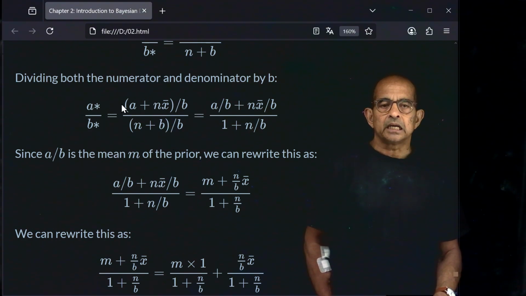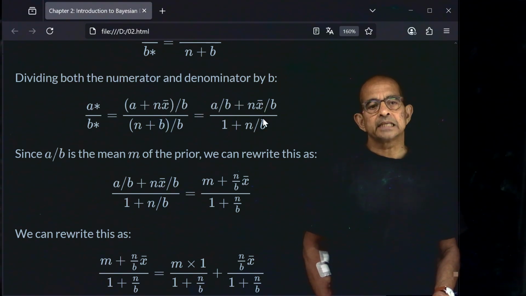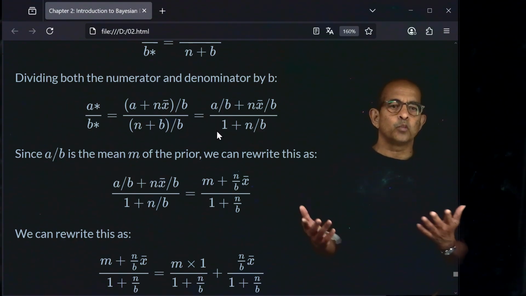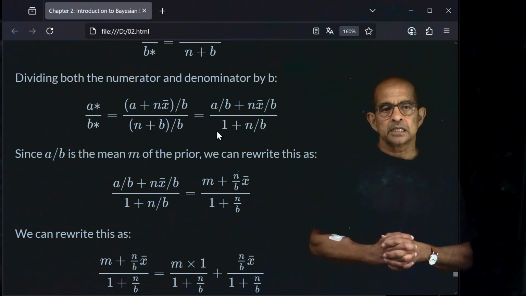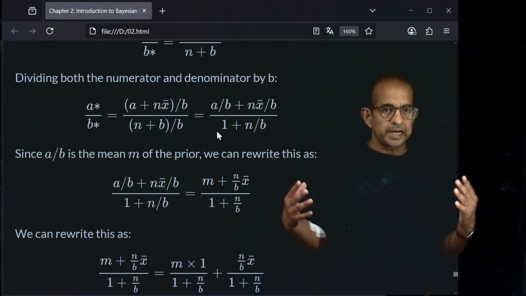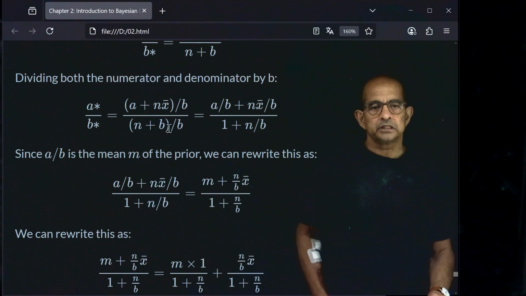If I open this bracket out, I get a over b plus n times x bar over b in the numerator, and in the denominator I get 1 plus n over b, right? This is just opening up the brackets after dividing by b.